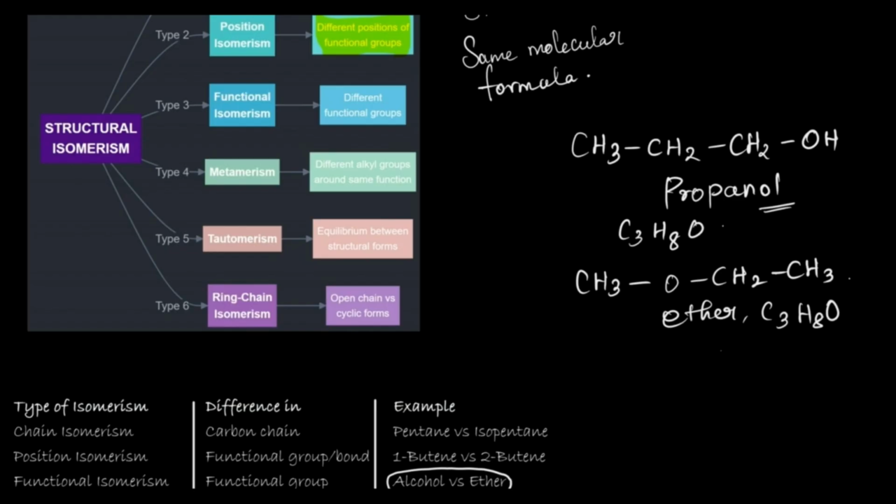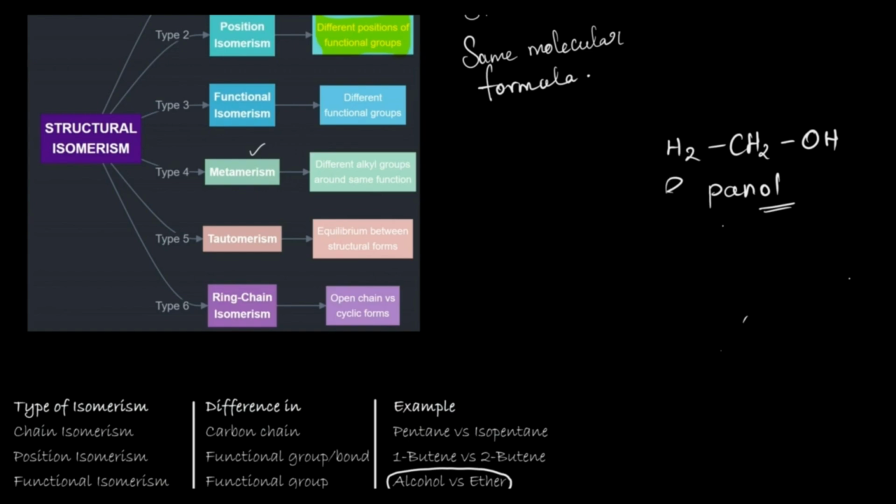Is it clear? Yes. Now let's move on to the confusing part, so-called confusing part, but it is not. That is metamerism. Remember this, guys, metamerism is exhibited by the functional group which is having two hands of alkyl groups. What is that, ma'am? What is two hands of alkyl group? Let's say I am considering alcohol.